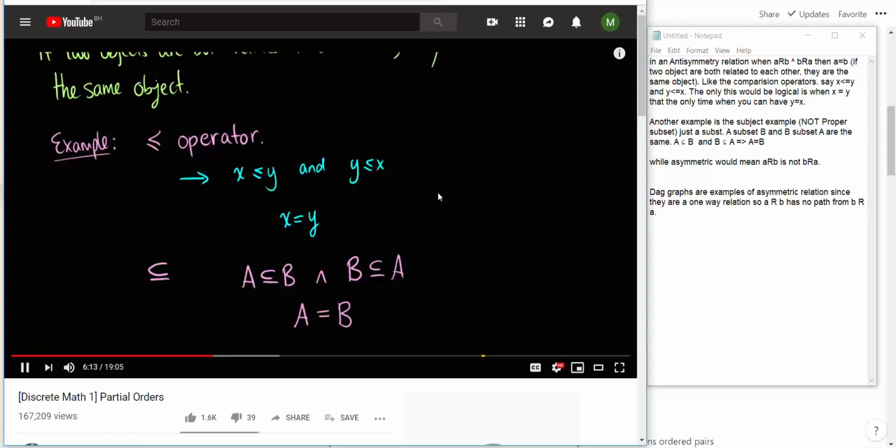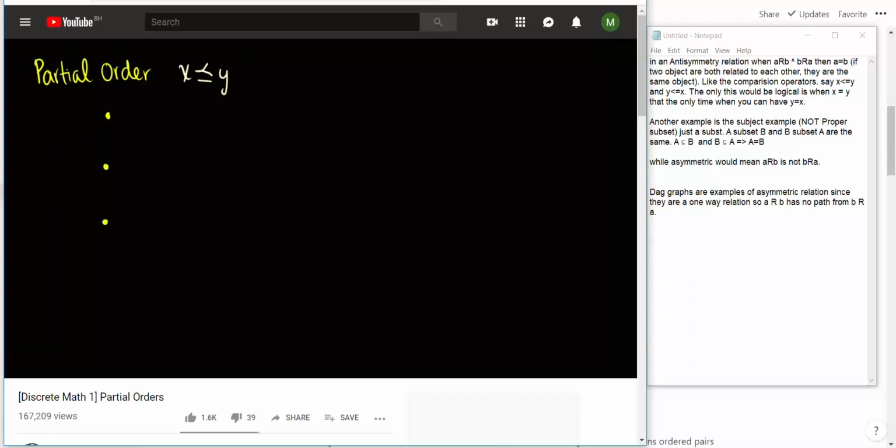And we're going to be using this in the case of partial orders. So partial orders, they are not an equivalence relation, but they're another type of relation that we should be familiar with.